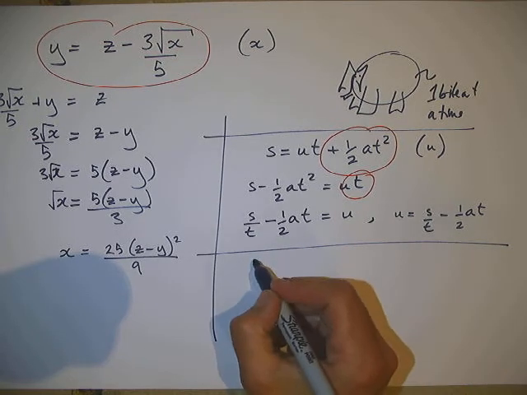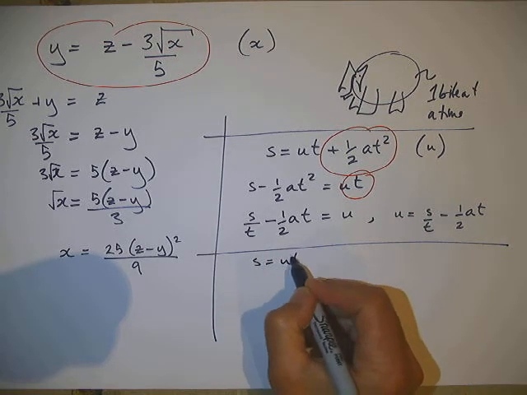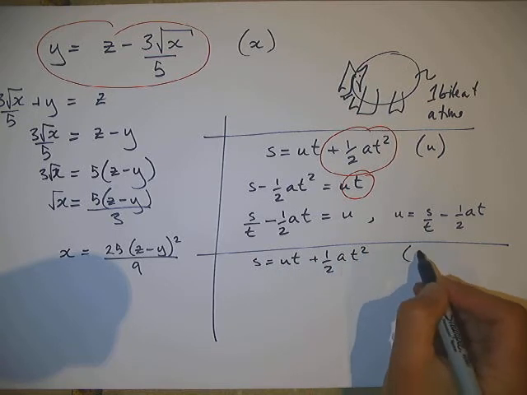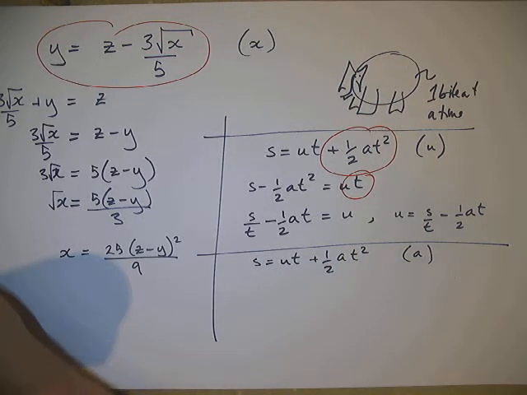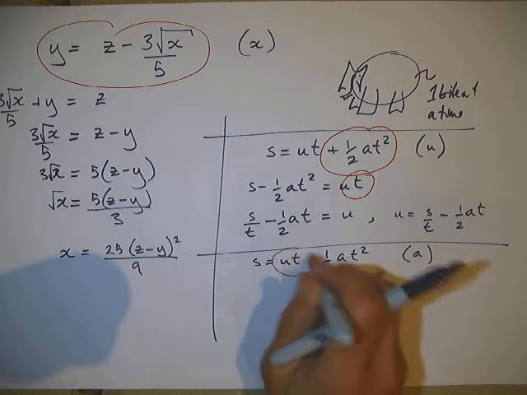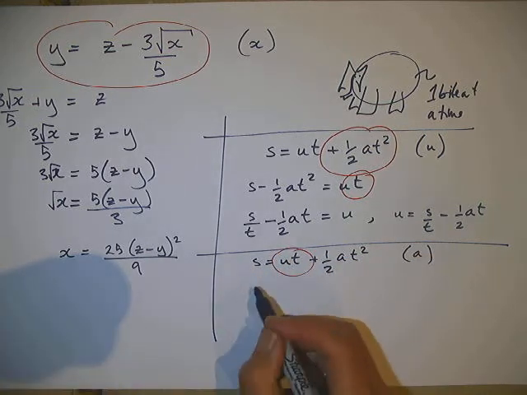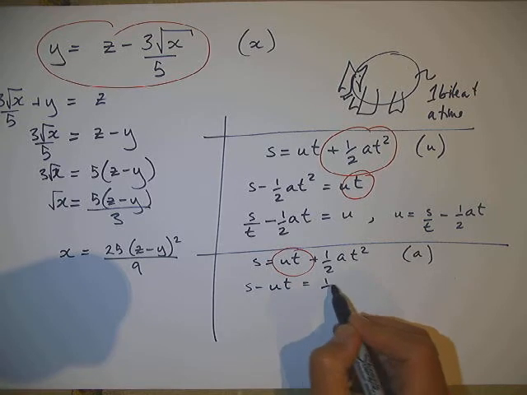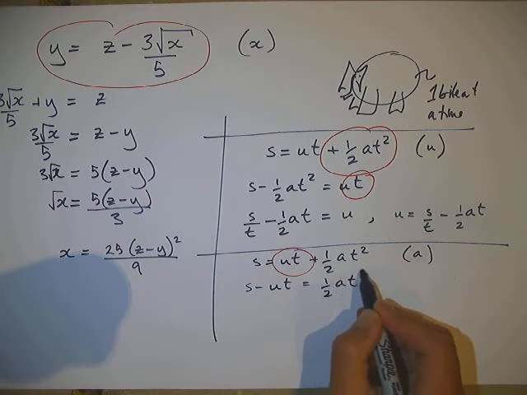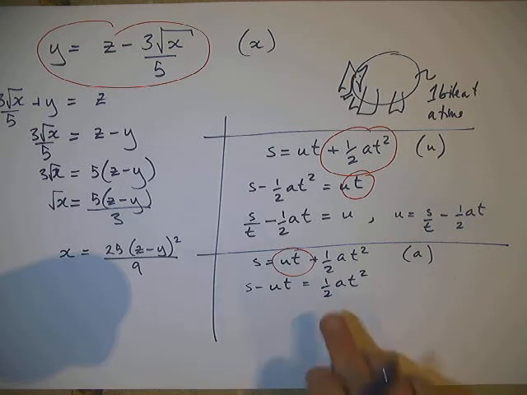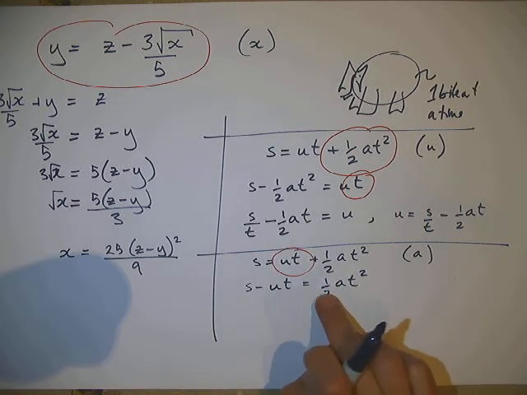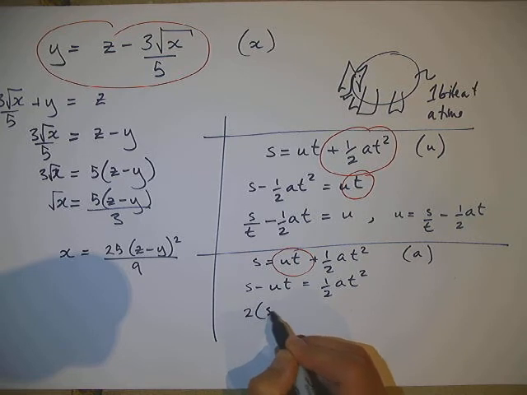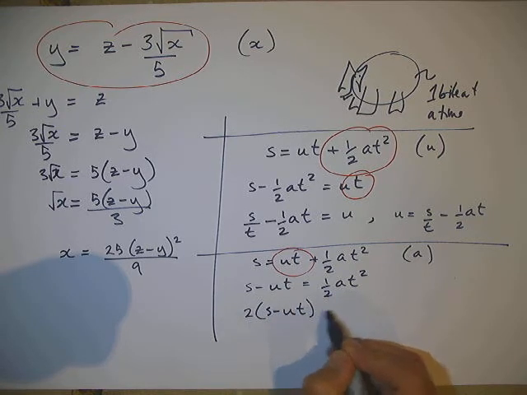What about if I wanted a to be the subject? Again, let's just move that term in its entirety. That term is halved at the moment, so I could double both sides.